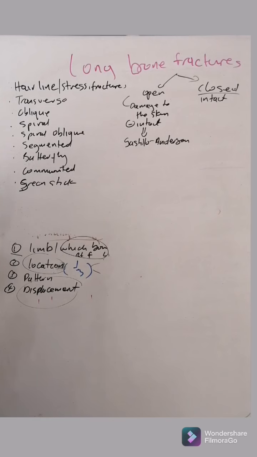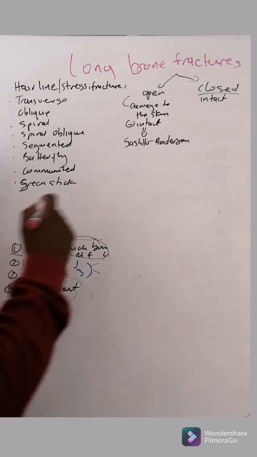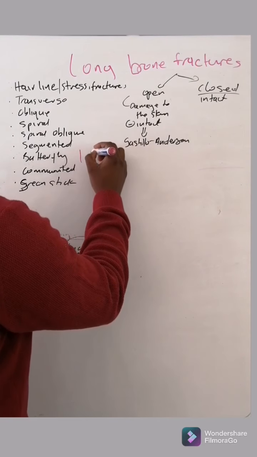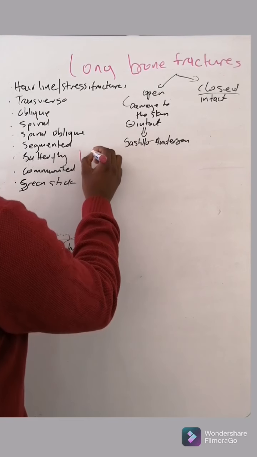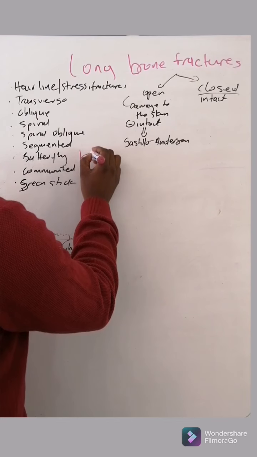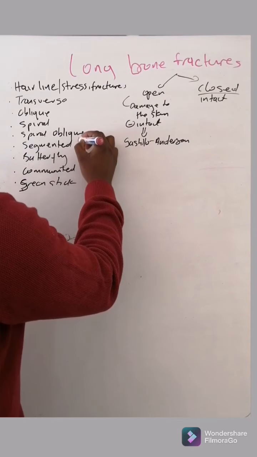So by you saying it's a Colles, it means you're saying that person has got weak bones. It's someone who's probably old. I'm not sure if I'm forgetting any type of fracture right now, but these are the most common ones. And we said that with a butterfly fracture, it's a fracture like this, segmented.